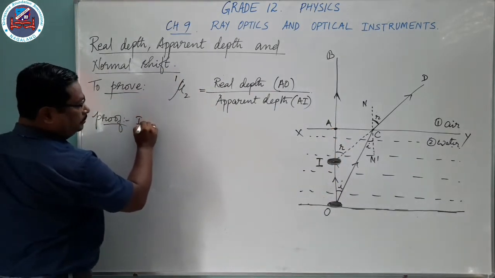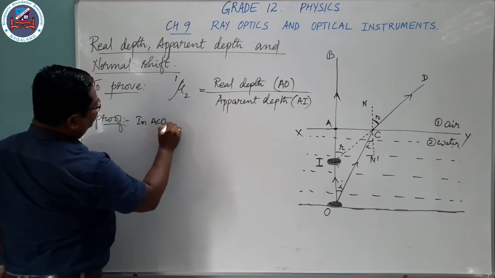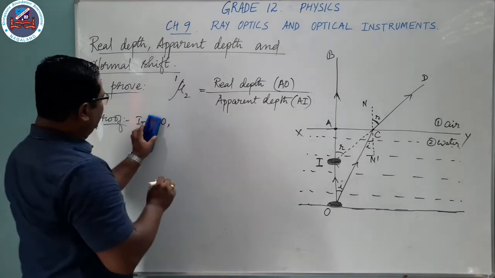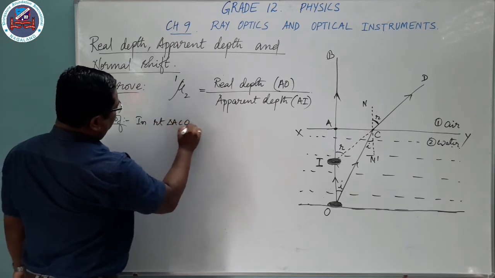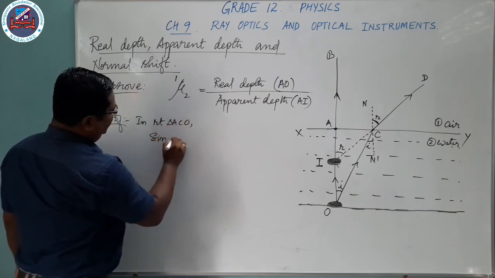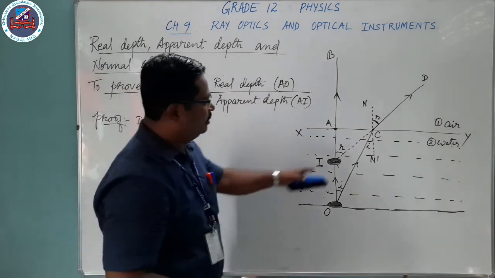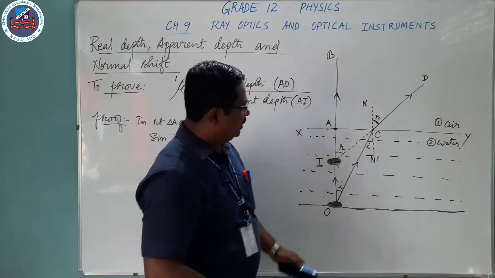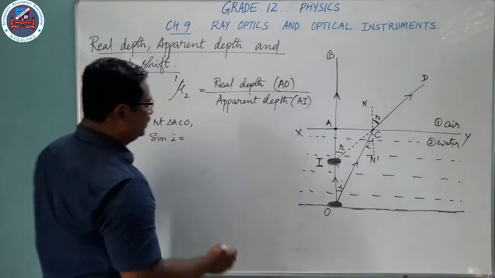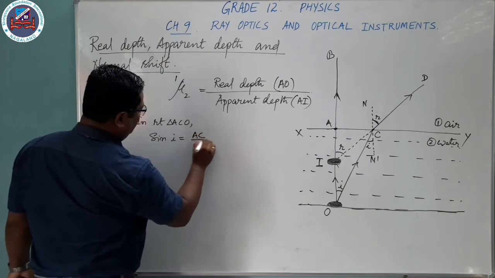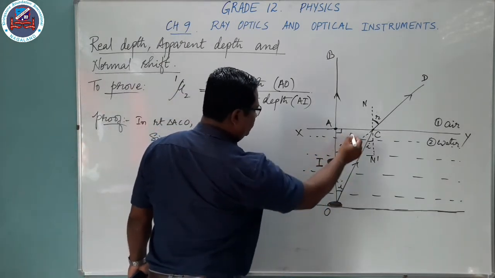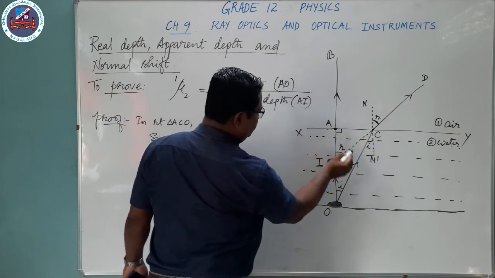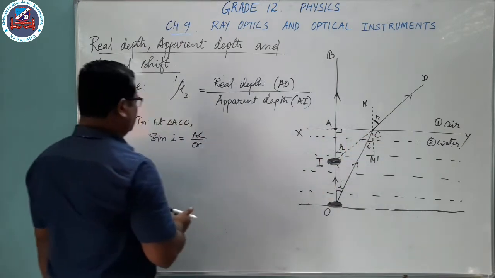In right triangle ACO, sin I is equal to perpendicular, that is AC, and hypotenuse is OC, AC by OC. This is 90 degree. Opposite to the angle we call it as perpendicular, and opposite of 90 we call it as hypotenuse.